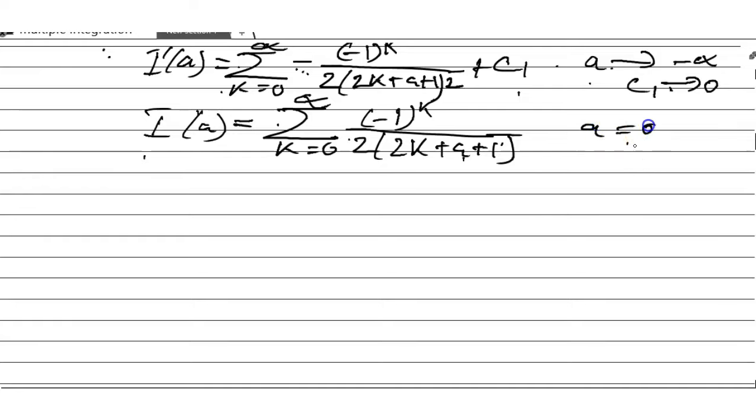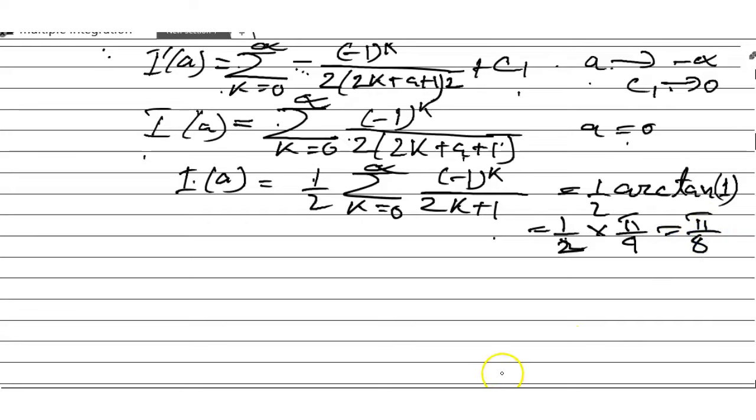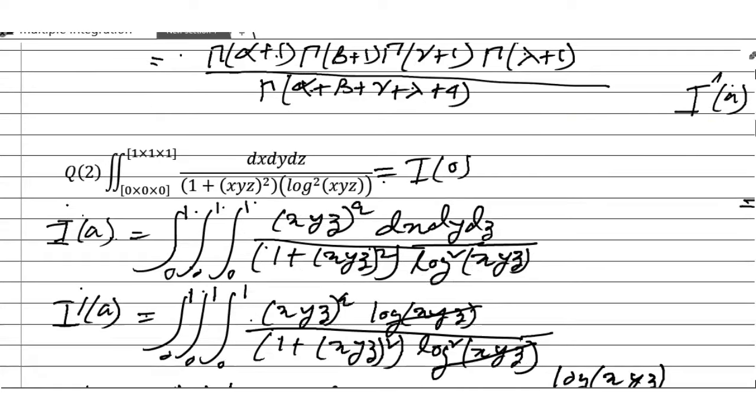Now a equals 0, so I equals 0. So whatever we get, half into summation k equals 0 to infinity, minus 1 to the power k divided by 2k plus 1, and this value is arc tan, so half into arc tan 1, so arc tan 1 is equal to half into pi by 4, equals pi by 8, and I hope that my answer is coming pi by 8, and now the answer is pi by 8.